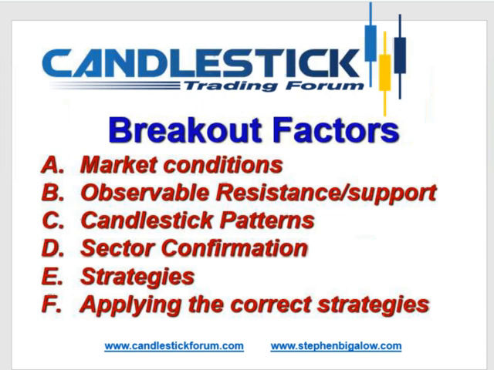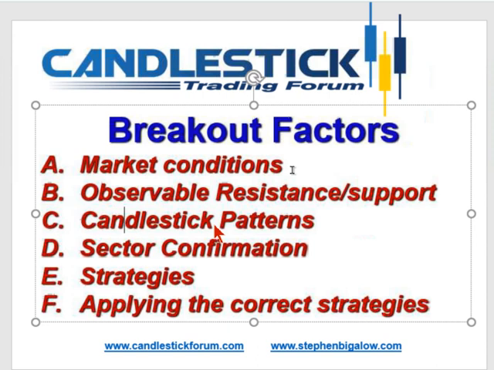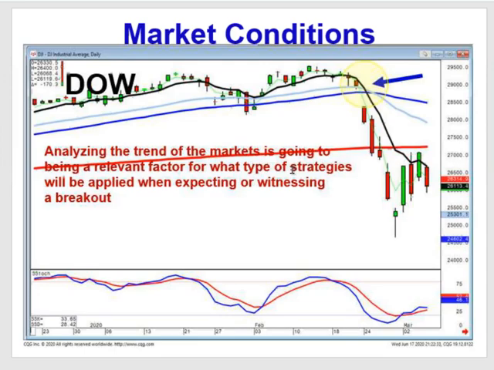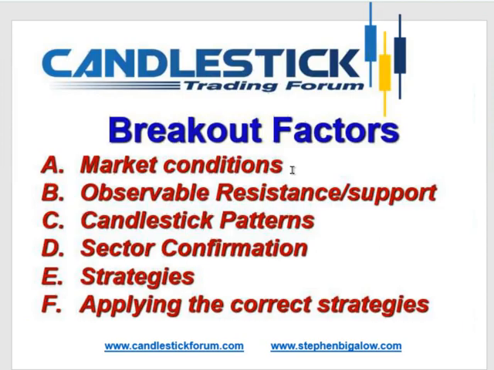Then we look at observable resistance and support levels, in this case resistance levels, because we're looking at where everybody else is watching, but we have a little bit of an advantage. We can see what candlestick patterns are bringing you up toward that breakout level.